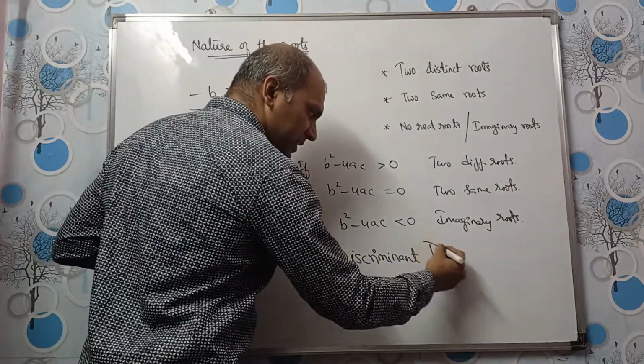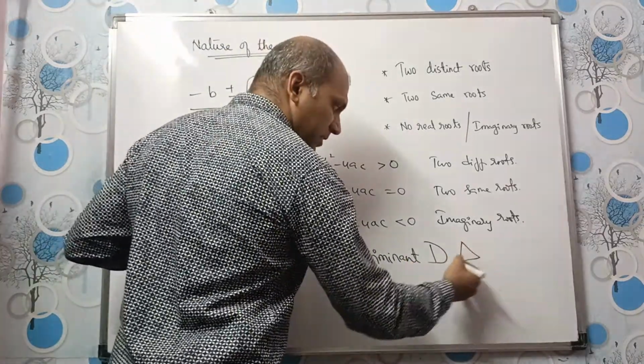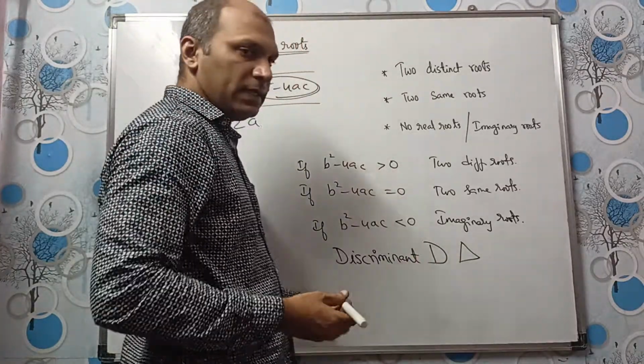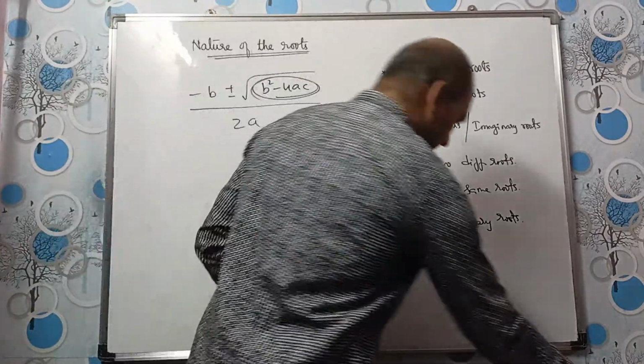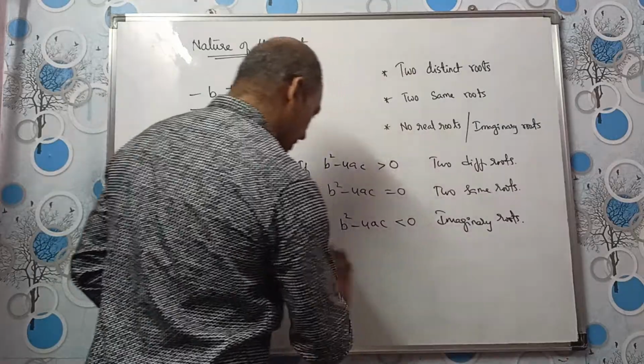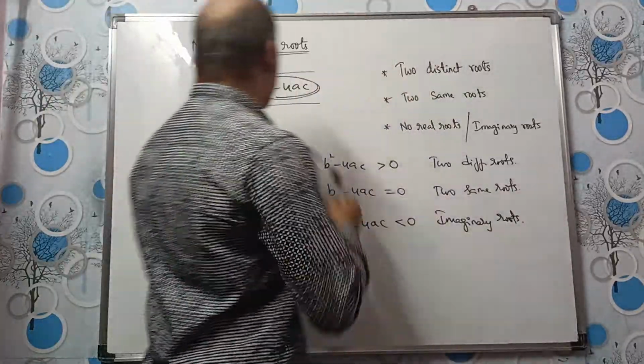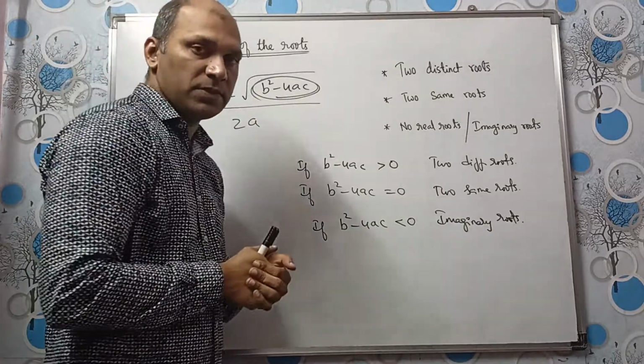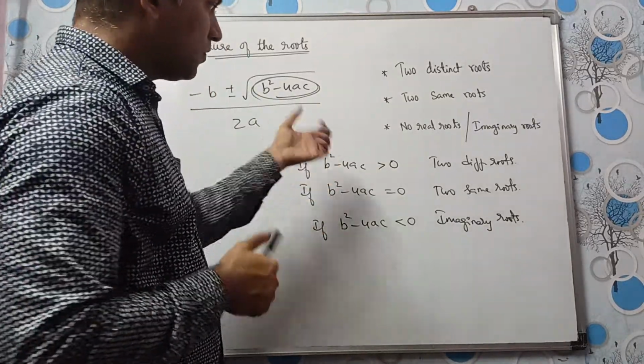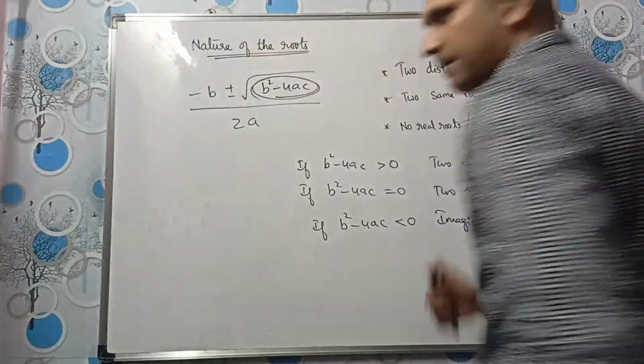Sometimes it is represented by capital D, sometimes by delta. This b square minus 4ac is called the discriminant. Let us do a few problems based on this concept.